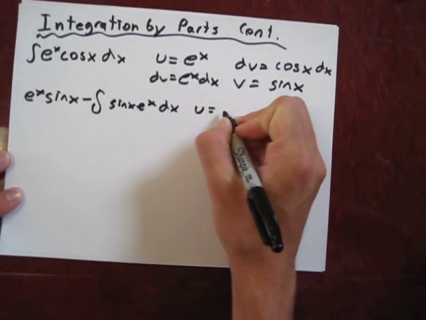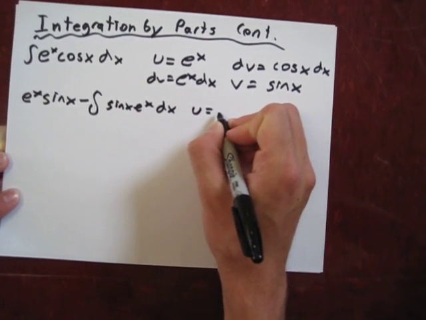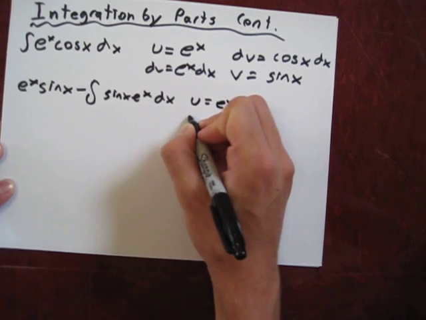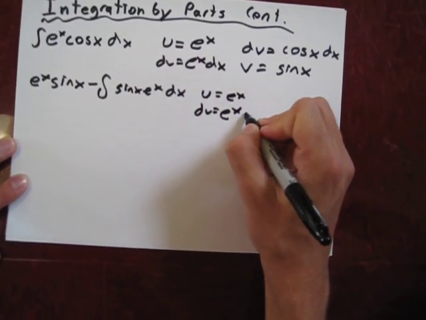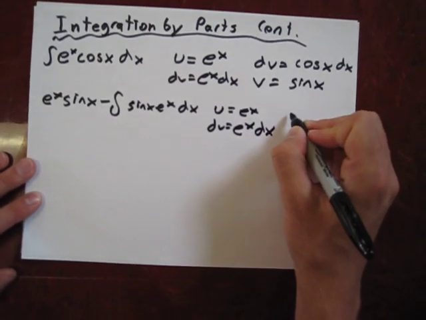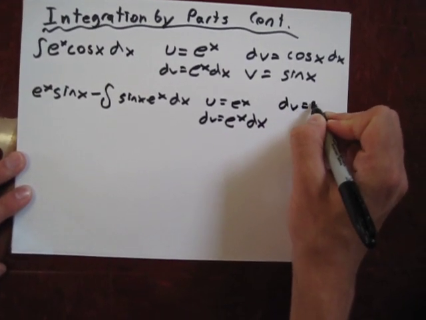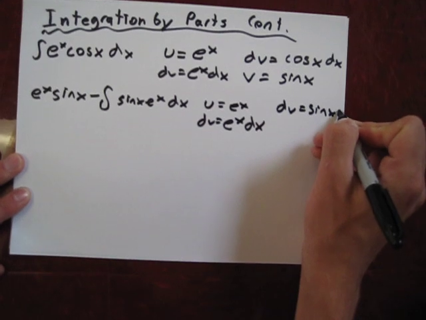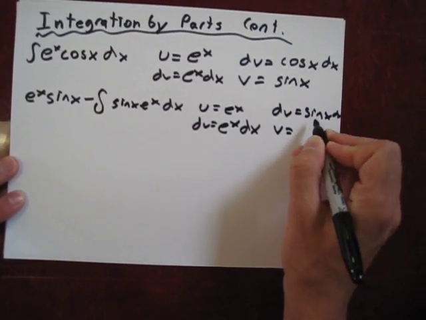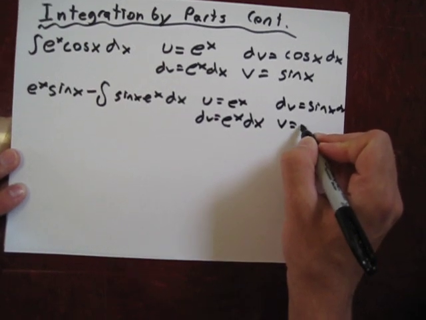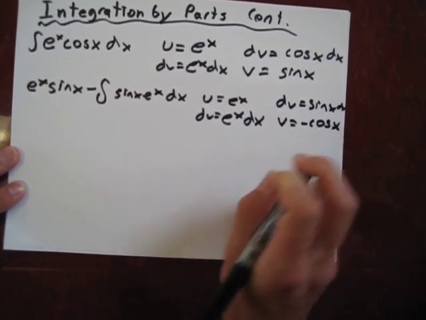We're going to end up with u being e to the x, so our du, the derivative of e to the x, will be e to the x dx. Our dv will be sine x dx, and our v will be the integral of sine x, which is negative cosine x.